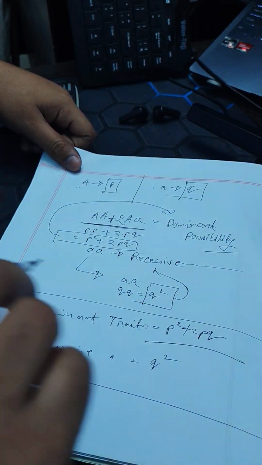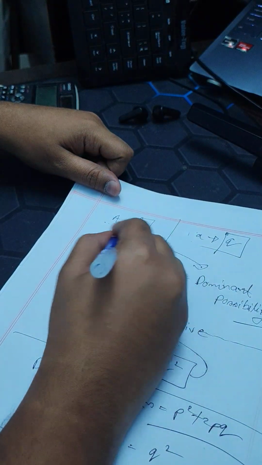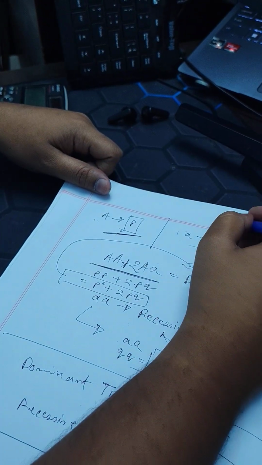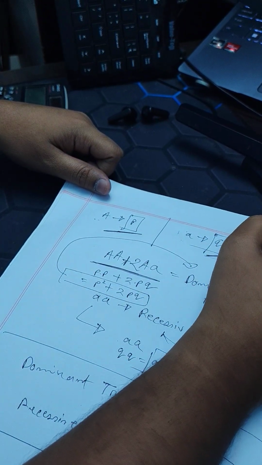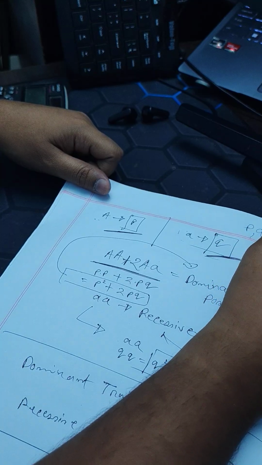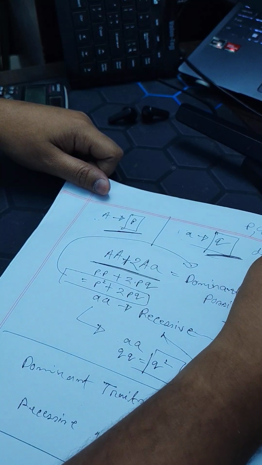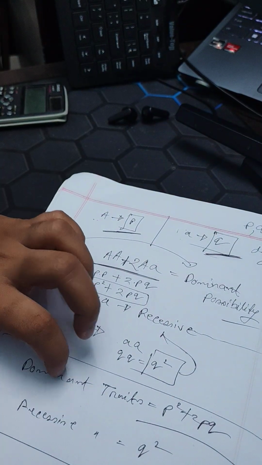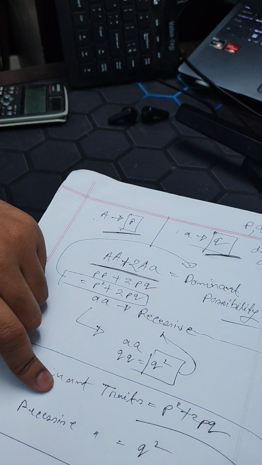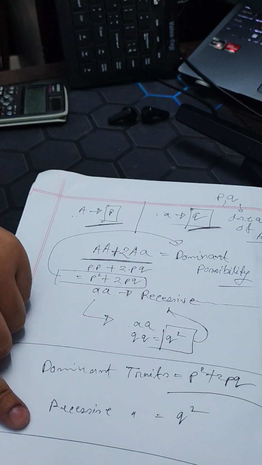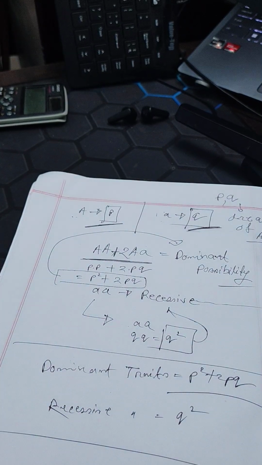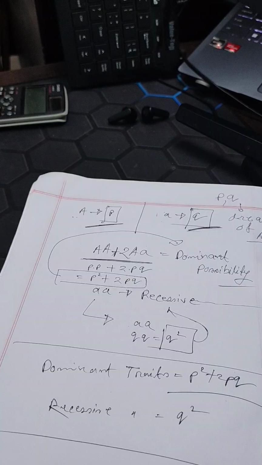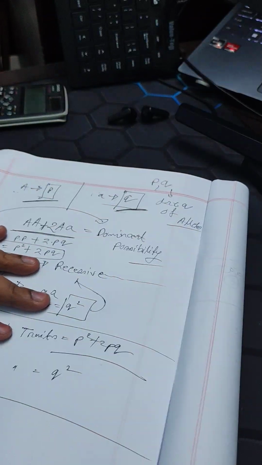The frequency of alleles will be P and Q. P and Q will be the frequency of alleles, right? But this is the possibility of having dominant traits, and this is the possibility of having recessive traits in a Hardy-Weinberg equilibrium.